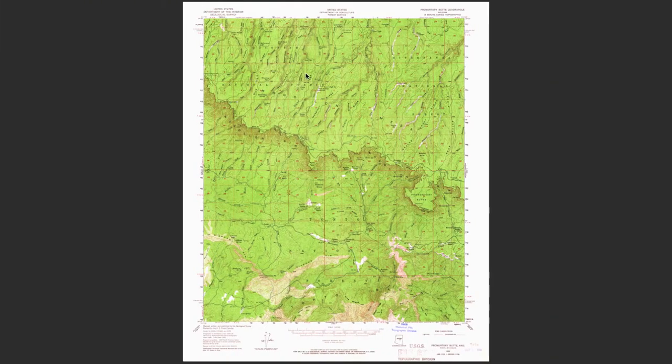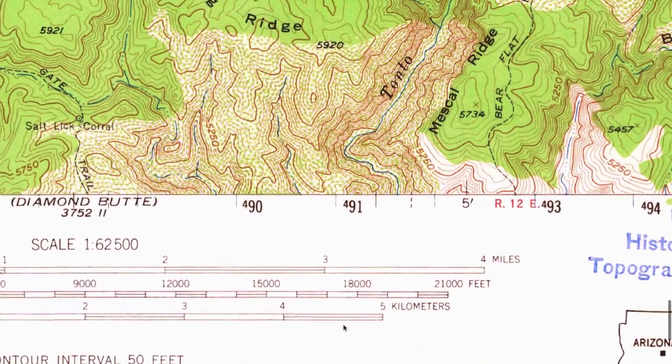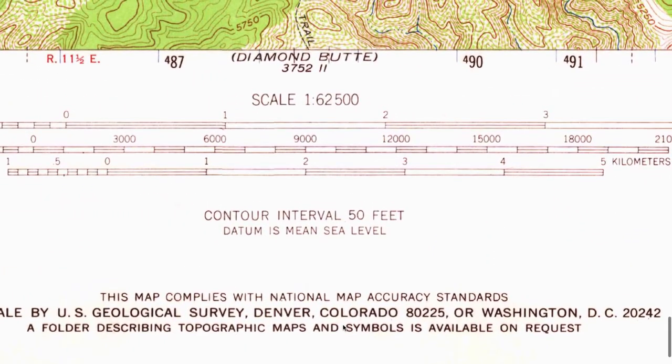If we go to the big map, which is also available on Canvas, this is the full size 8 megabyte map. If we zoom down to the bottom, we can find that the contour interval is 50 feet.